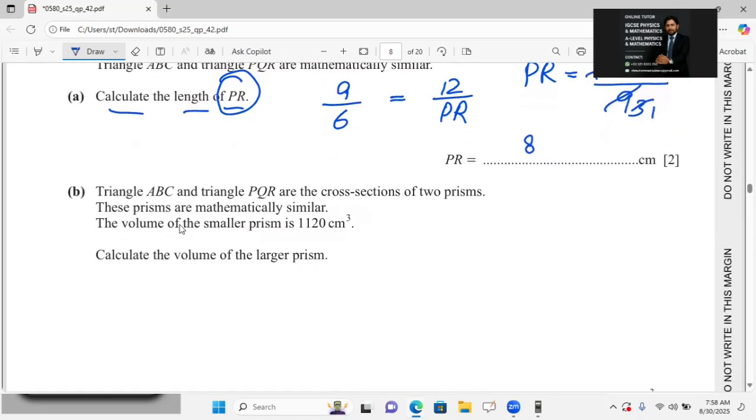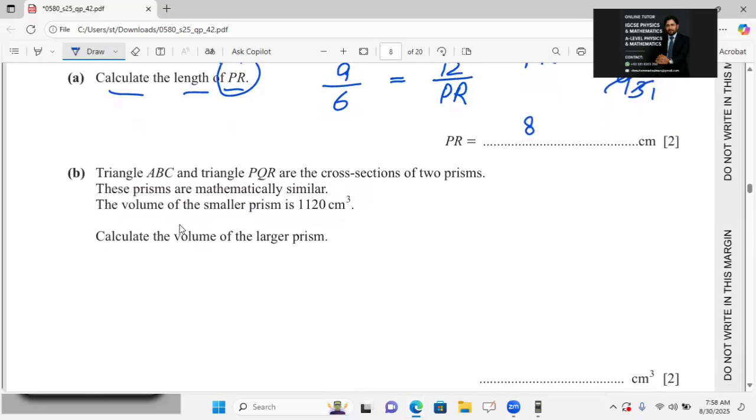After that, okay, he is taking here the volume ratios. He is saying ABC and PQR are the cross sections of two prisms. These prisms are mathematically similar. The volume of the smaller prism is 1120 cm cube.